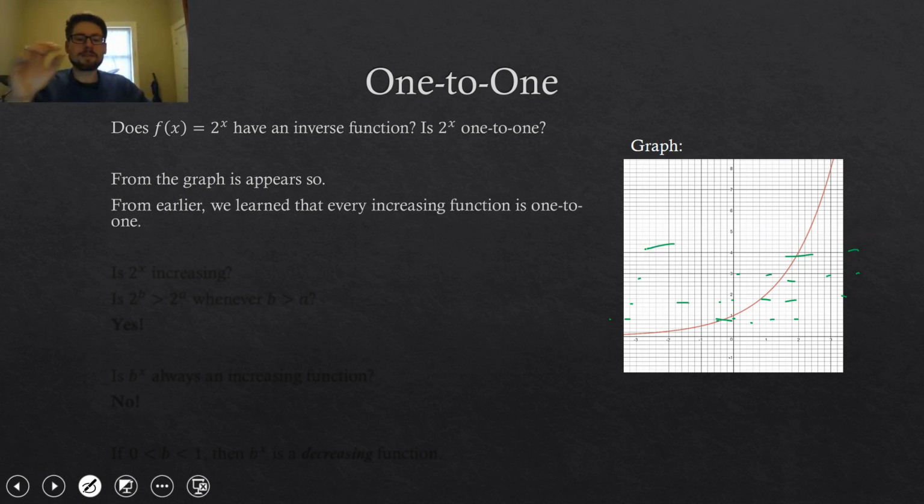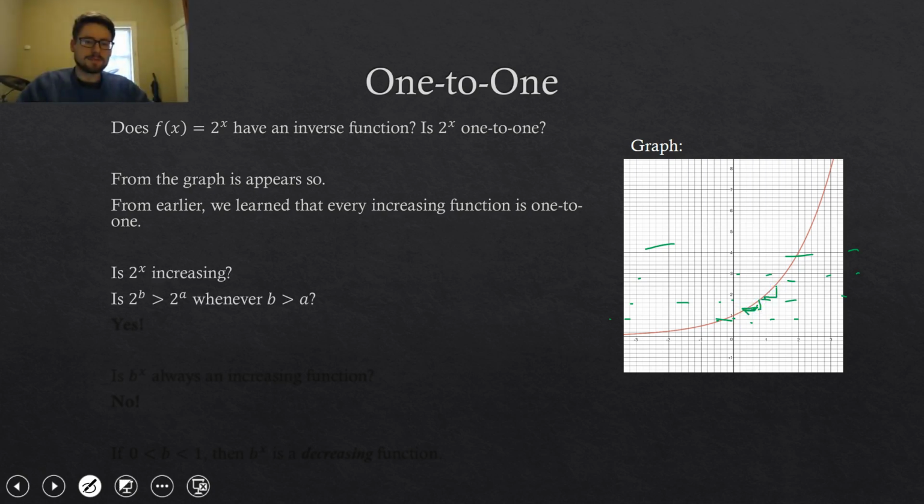Earlier we learned that every increasing function is 1 to 1 as well. Is 2 to the x increasing? That means as you go right, does it go up a little bit? And the answer to that question is also yes. It's increasing, so that means that whenever we have an input to the right of another input, the value at the further right input is larger.